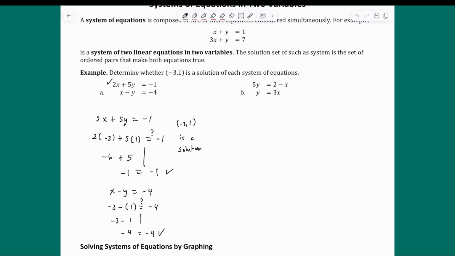All right, what about the second system? Our first equation is 5y equal to 2 minus x, and our second equation is y equal to 3x. We simply plug in our values, say negative 3. Does that equal 2 minus a negative 3?